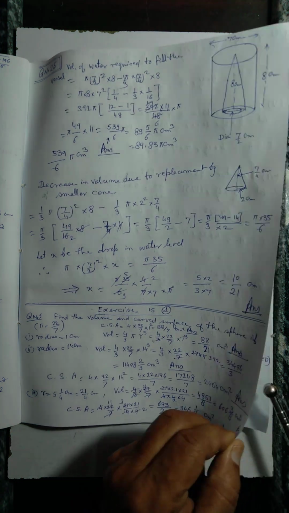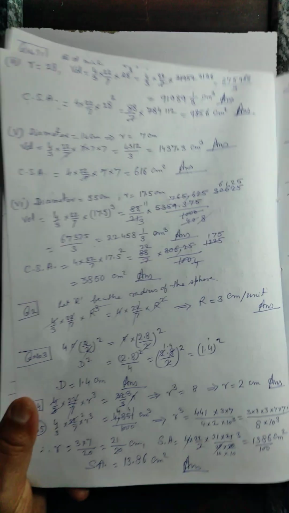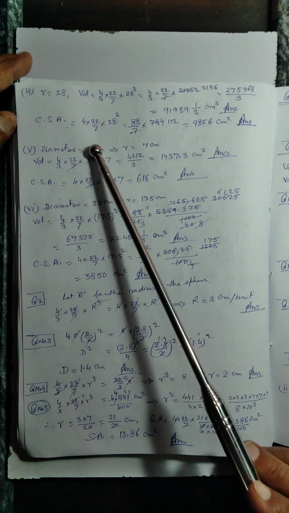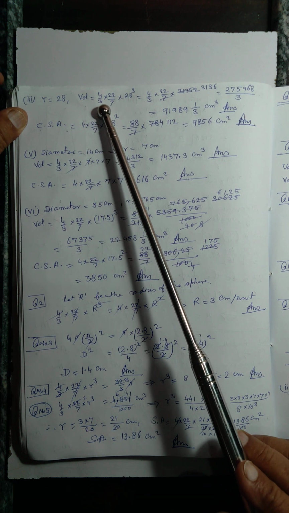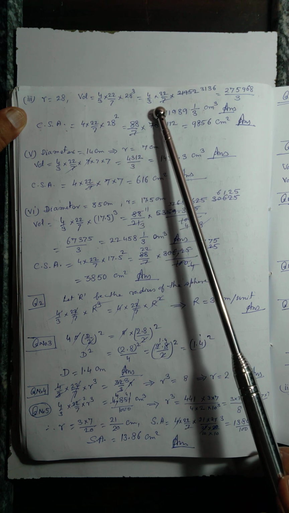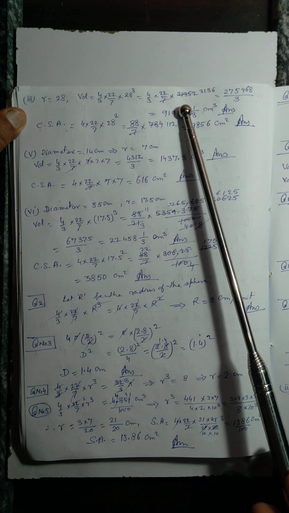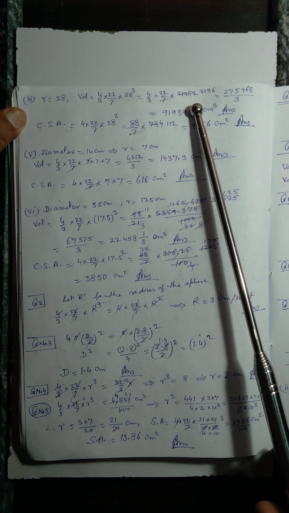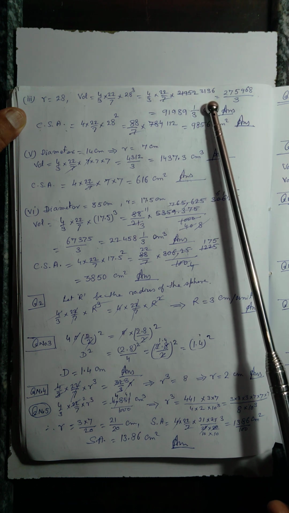Now come to the third part, which by mistake I have left. So the third part is the radius is 28. So volume will be equal to 4/3, 22/7 into 28 cube. So 4/3 into 22/7, 28 cubed is 21,952. We divided this by 7, 3,136.